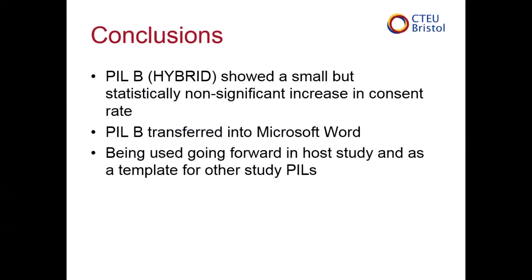So we're now using PIL-B in the host study, and we're also using it in other RCTs as our basic template for PILs, but there's obviously more work to be done. And although the result was disappointing, it does feel like it's in keeping with other trials that have done similar work, where you might get a slight increase in uptake, but not anything significant, unfortunately.